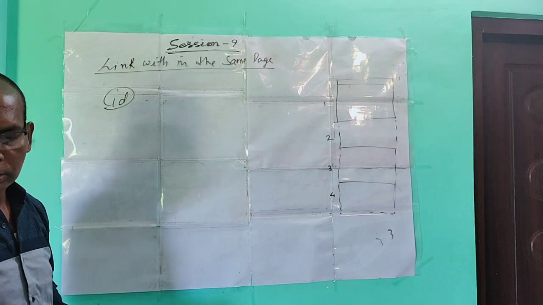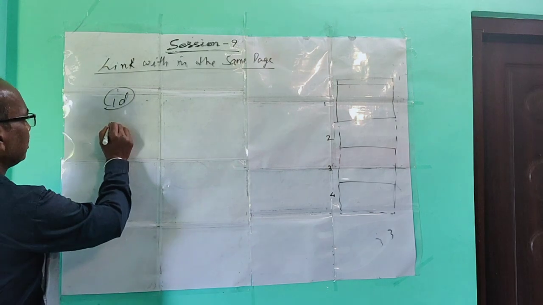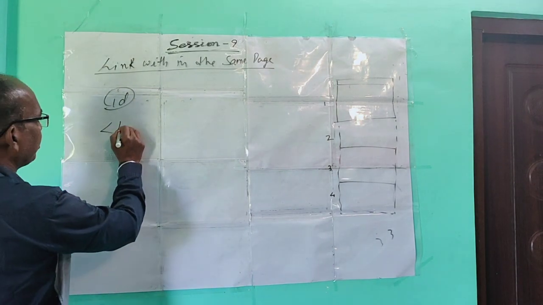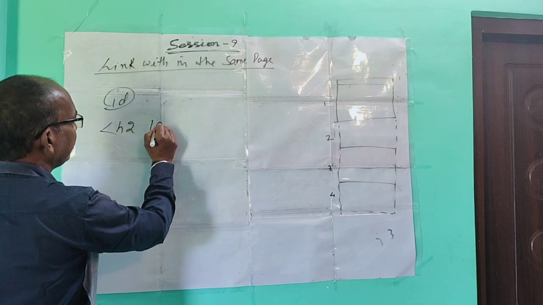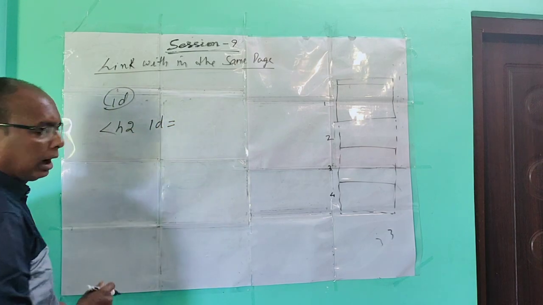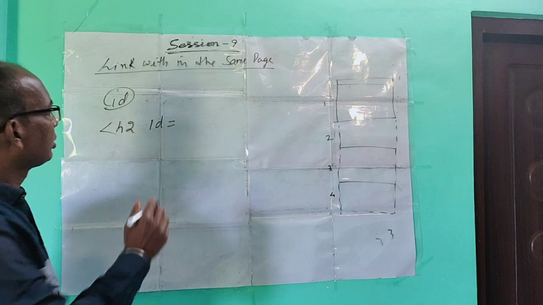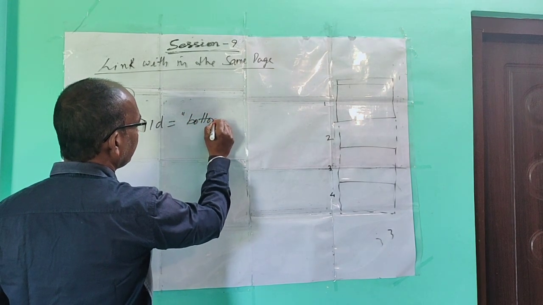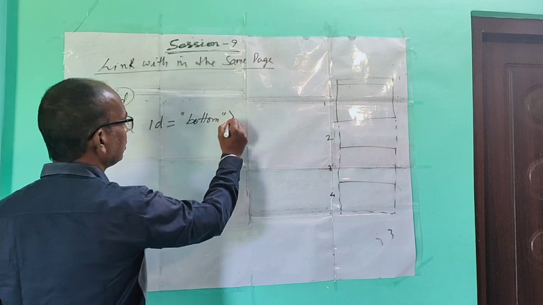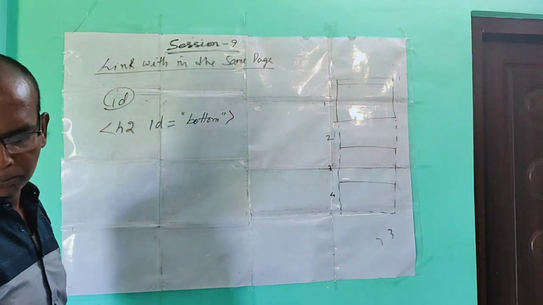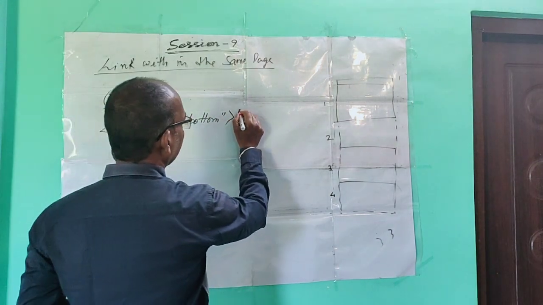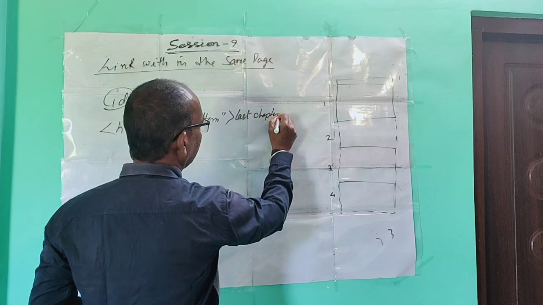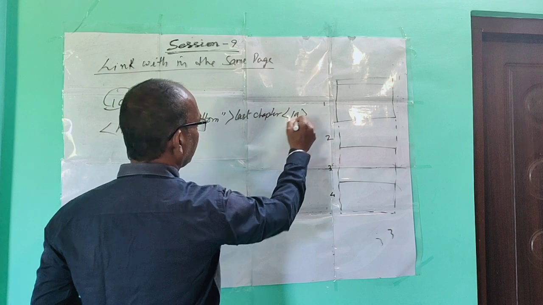The first example I am giving here: H2 ID equals bottom, close, H2 close, last chapter, anchor close.